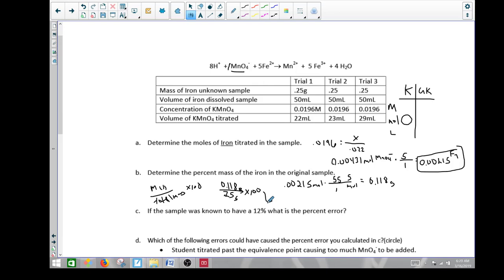Let's try this again: 0.118 divided by 0.25 equals 0.47 times 100, saying 47% by mass. Okay, looks good. It's 0.25, so it's about almost half. So 47.2% Fe.